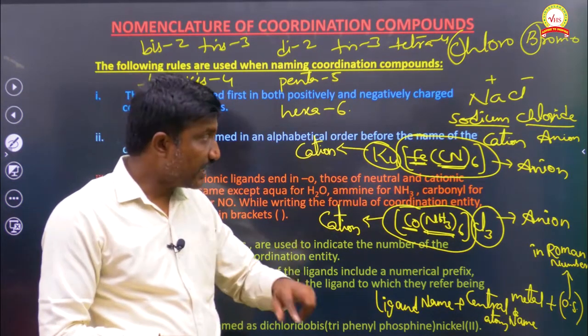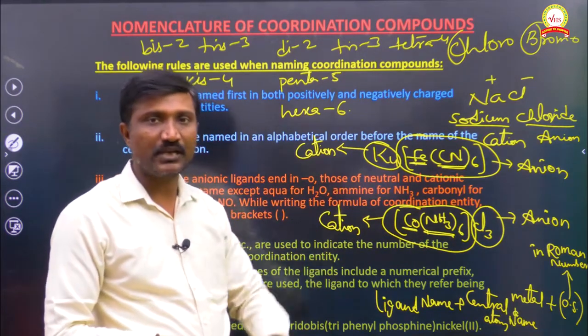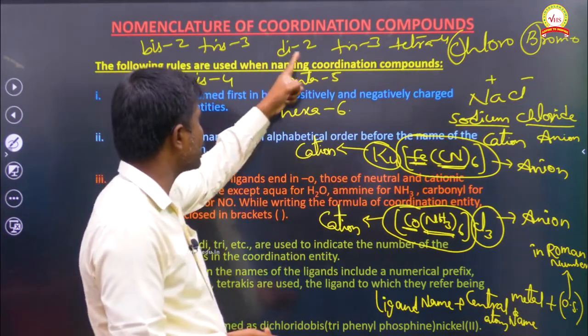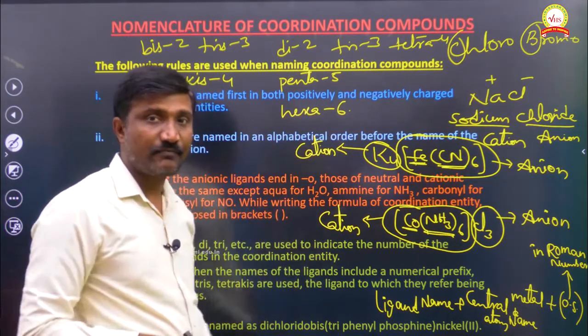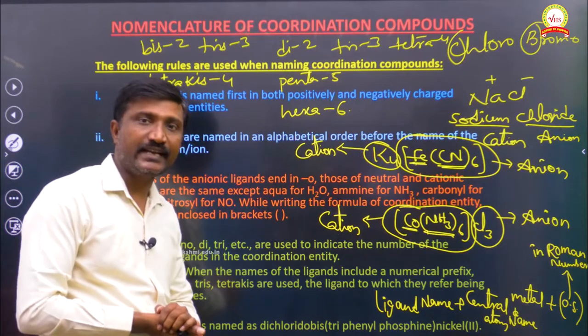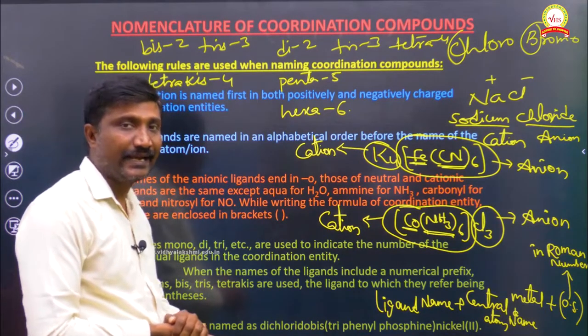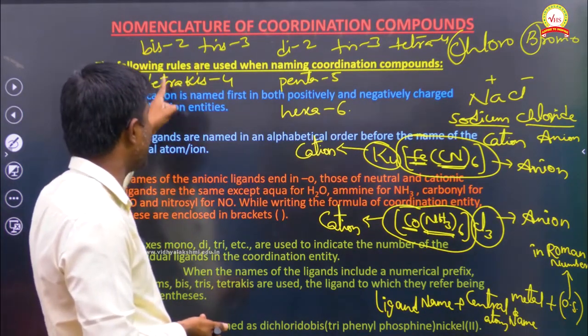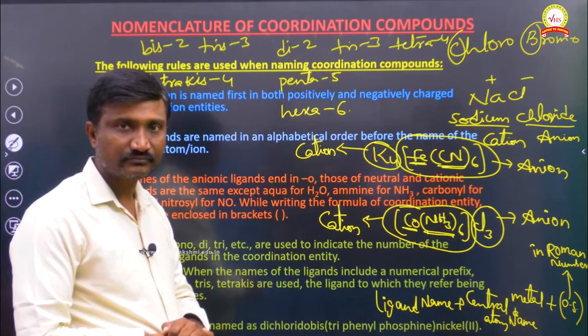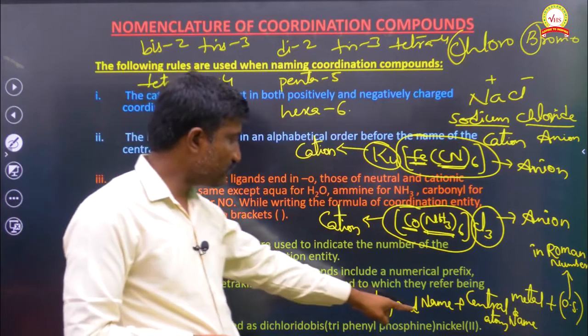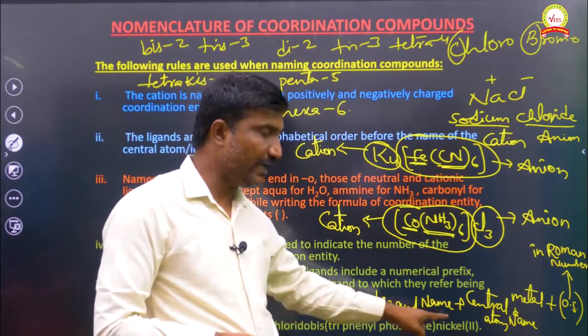If that ligand is a monodentate or simple ligand, then we give the repetition numbers like this. If that ligand is bidentate, tridentate, polydentate or chelate, then we give the repetition like this. Clear?